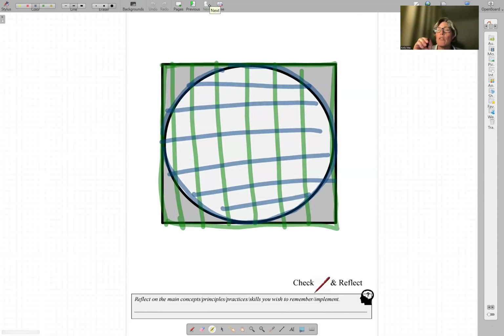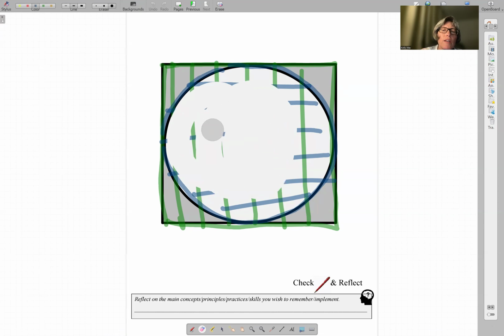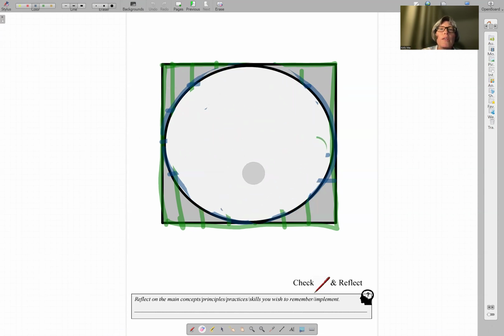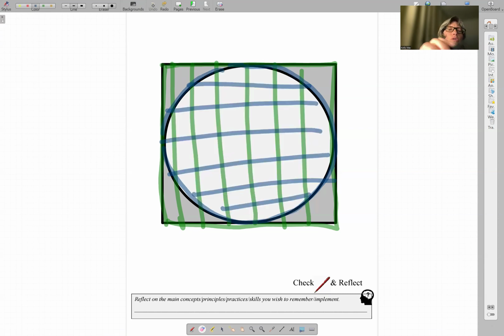And of course, to get the area of the shaded region, you should be able to see that you simply subtract the area of the circle from the area of the square.